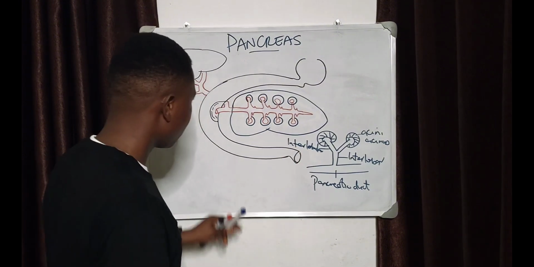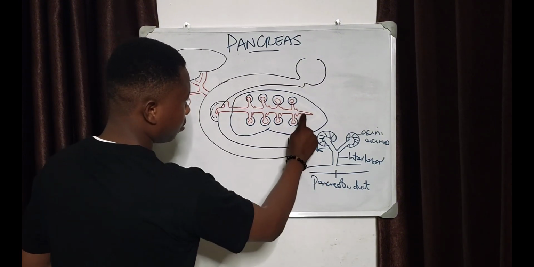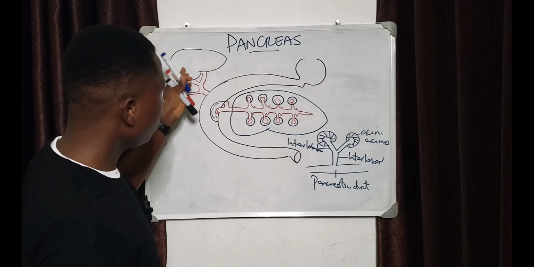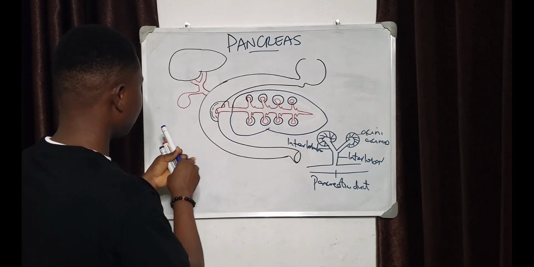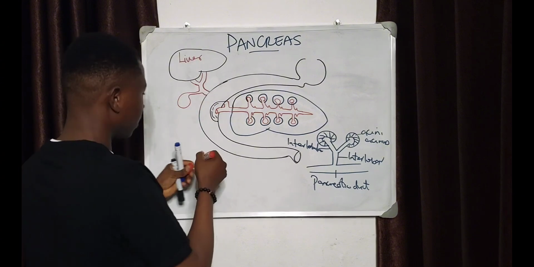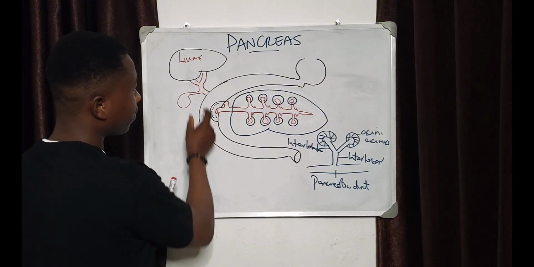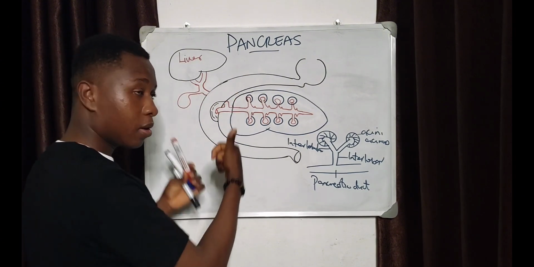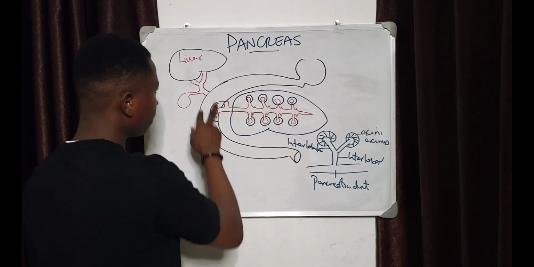Now, remember, this is the pancreatic duct, which is this. Looking over to the liver, there are two ducts that come out from the liver.